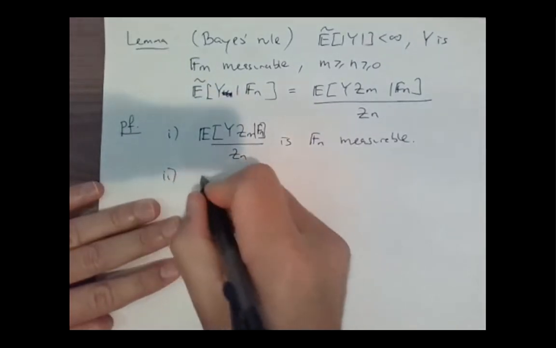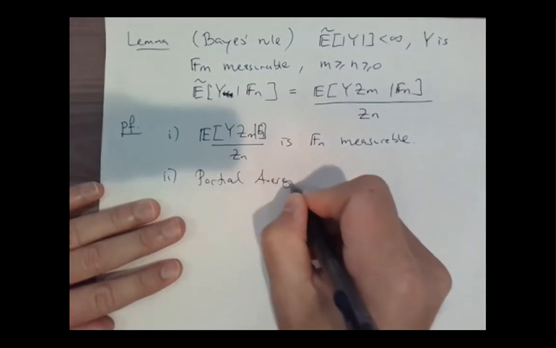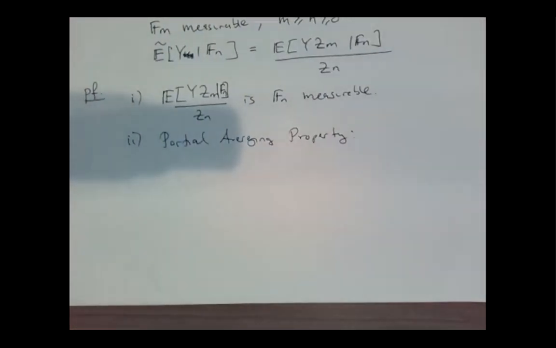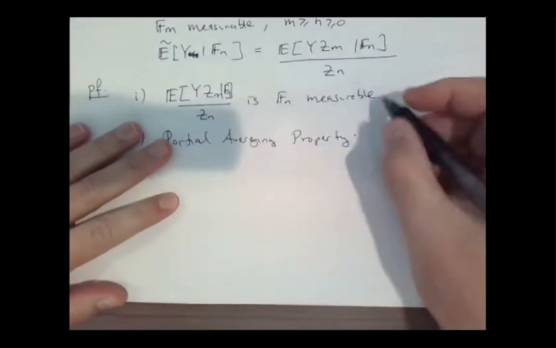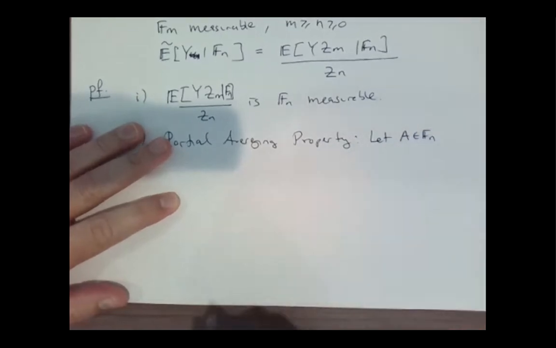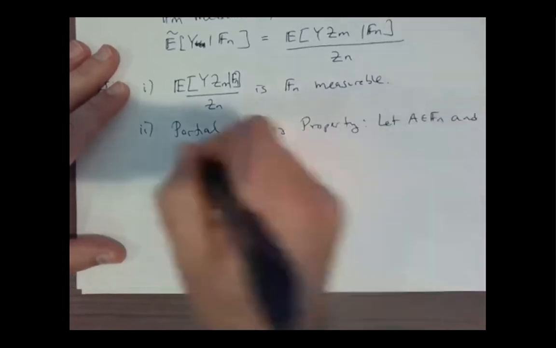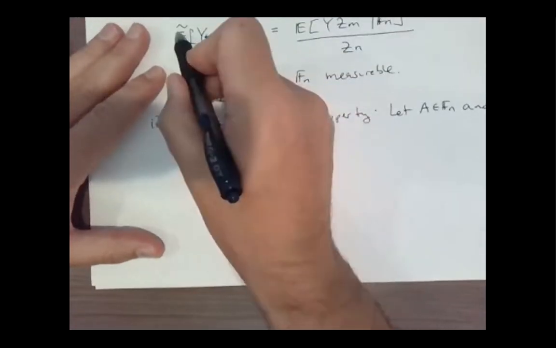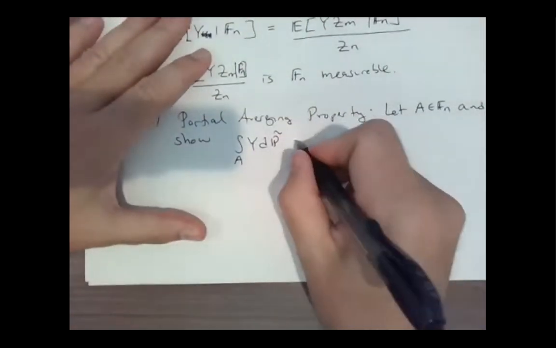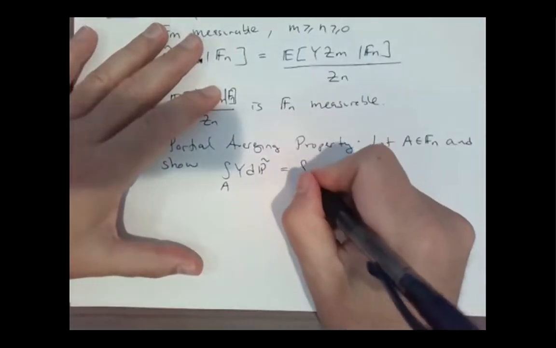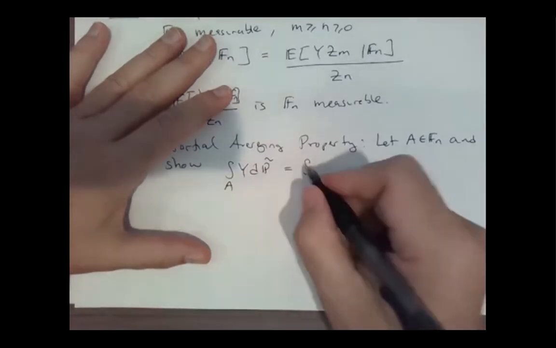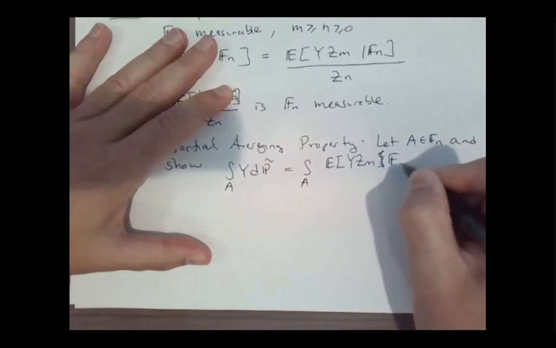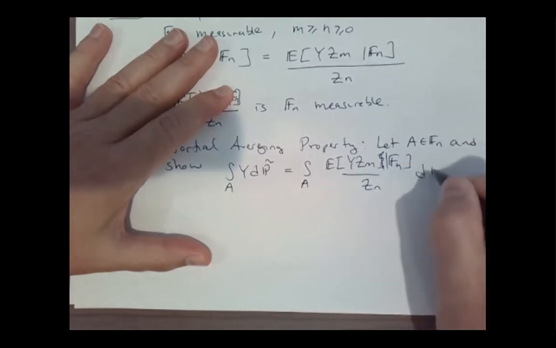The second is to prove the partial averaging property. You also have to prove that one. So we have to take a set A in Fn, and show that when I integrate Y with respect to P tilde, I get the same thing as when I integrate what's on the right-hand side, the expectation of Y Zm given Fn divided by Zn, with respect to P tilde.